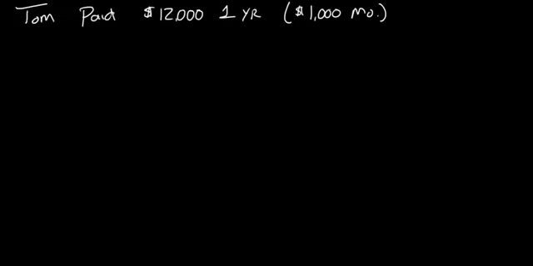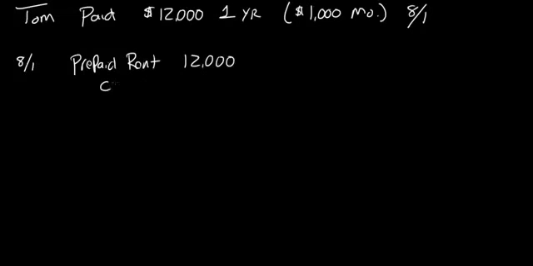Now, if we were going to look at this the correct way, what would be Tom's journal entry if we were doing this correctly? And let's assume this is on August 1st or 8/1. So Tom's journal entry on August 1st would be prepaid rent for $12,000 and cash.